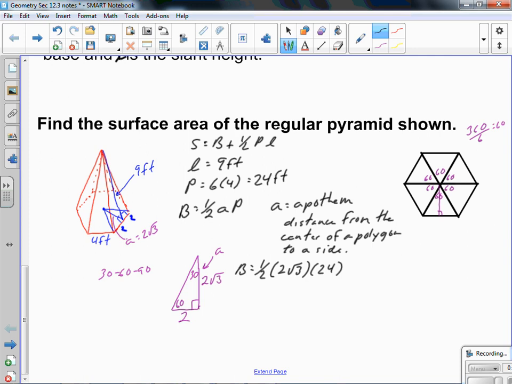So 1/2 of 2 square roots of 3 is just going to be the square root of 3 times 24. 24 square roots of 3 feet squared.